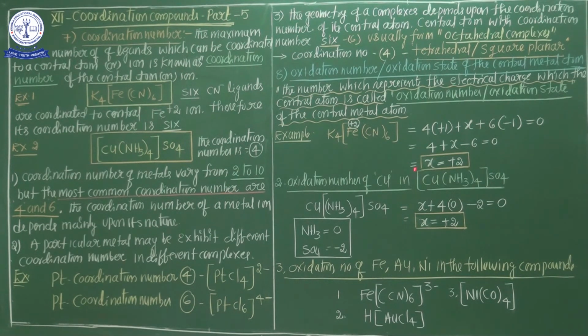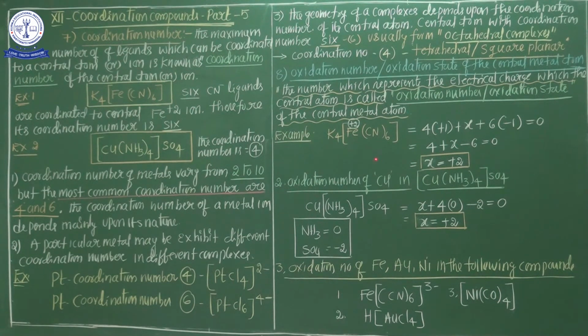The same rules and regulations are also applicable in this concept. Now in potassium ferrocyanide, central atom oxidation state is +2, and central atom coordination number is 6, because 6 ligands are there.